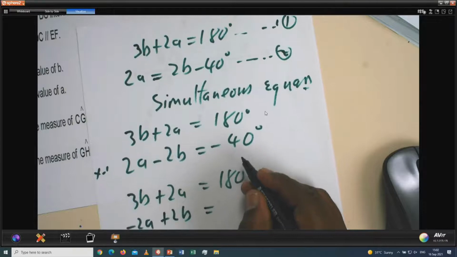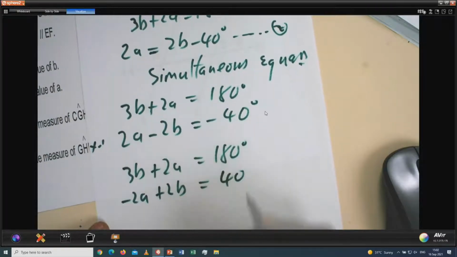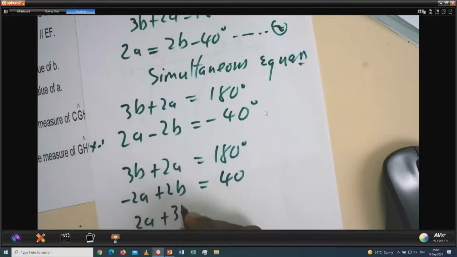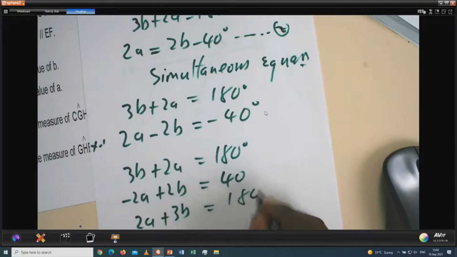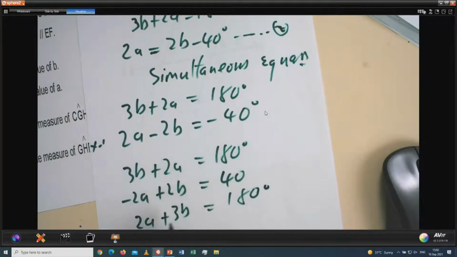Negative 40 by negative 1 is 40 degrees. It's always better to put them in an order that won't be confusing. I take that in front, this one this side, and then 2b equals 40 degrees.